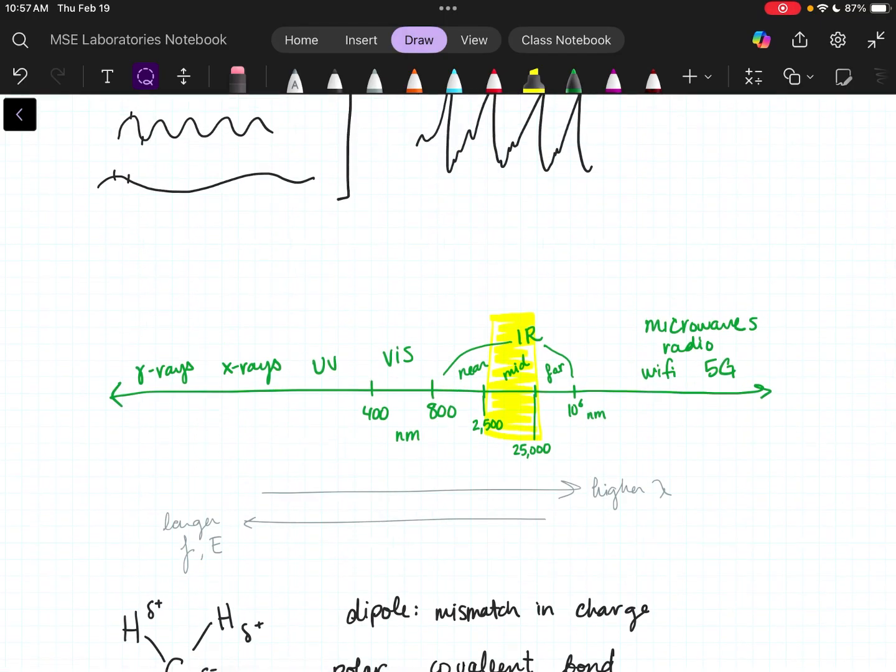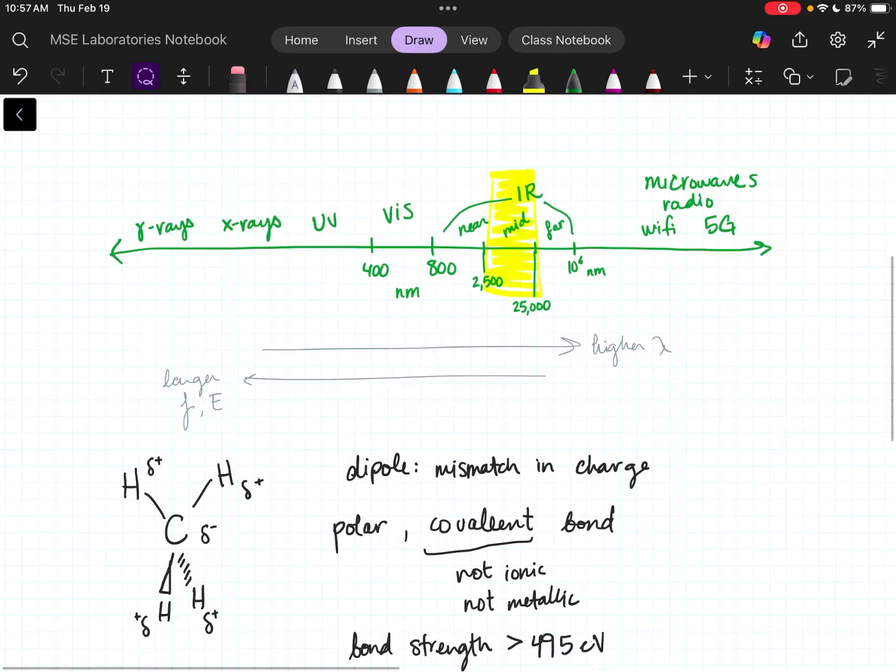So when I am talking bond strength, I'm saying it would take usually more than 495 electron volts to break any of these bonds, whatever that is.